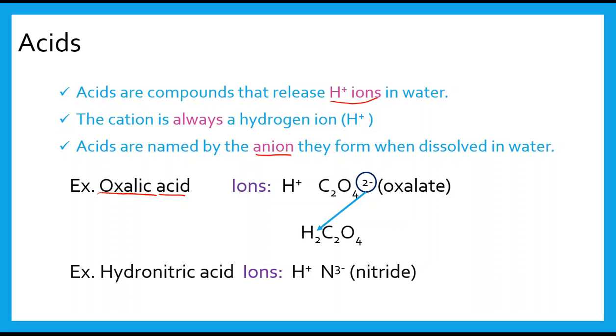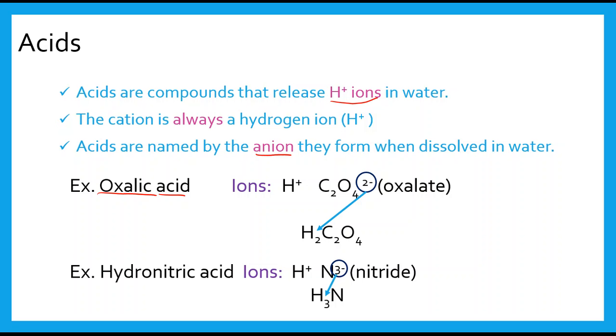How many hydrogens would you need here to balance out that charge to make it add up to 0? 3, good. So it'd be H3N. That means the number 3 there in the charge becomes the subscript on the hydrogen. So that's an easy system of how to do that for finding the formula of the acid.